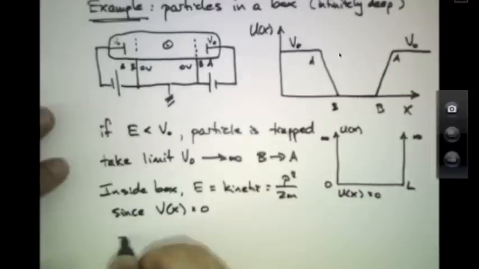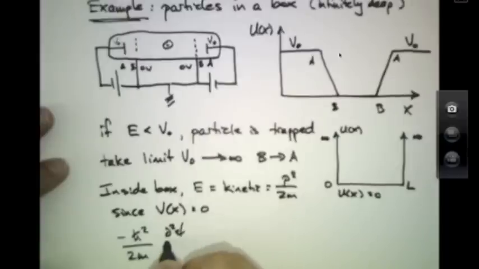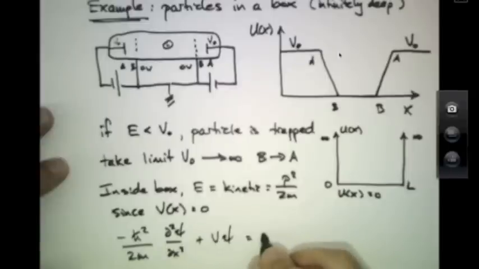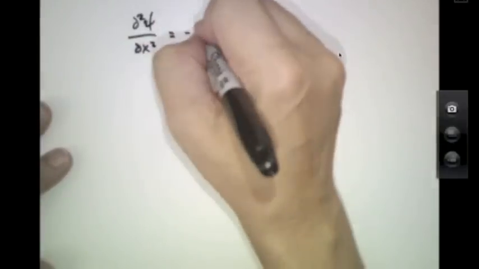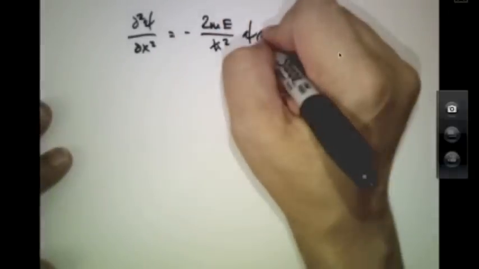As a result, the time-independent Schrödinger equation is rather simple, because this term goes to 0. And we have a differential equation that looks like this.